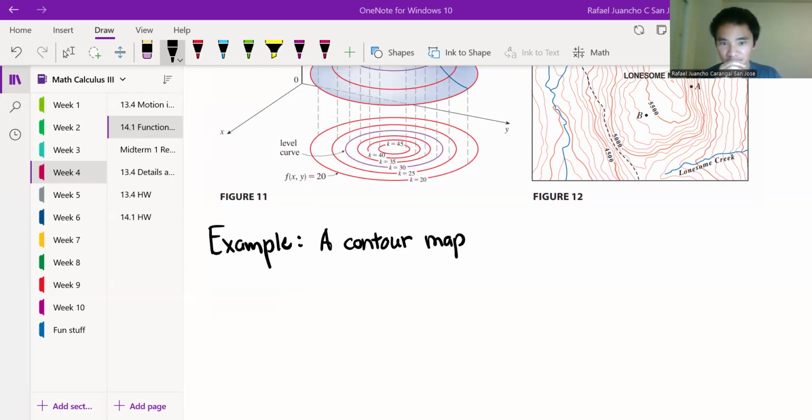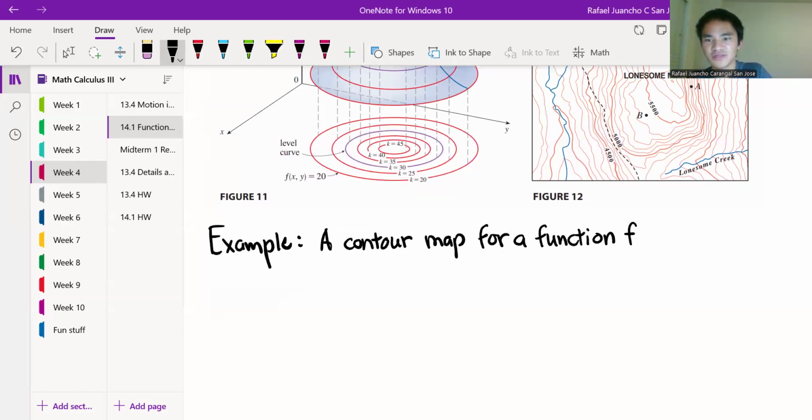Actually, no, let's do a different one. That's fine. Let's just do this. So we have a contour map for a function f, and I'm assuming this is a function of two variables.